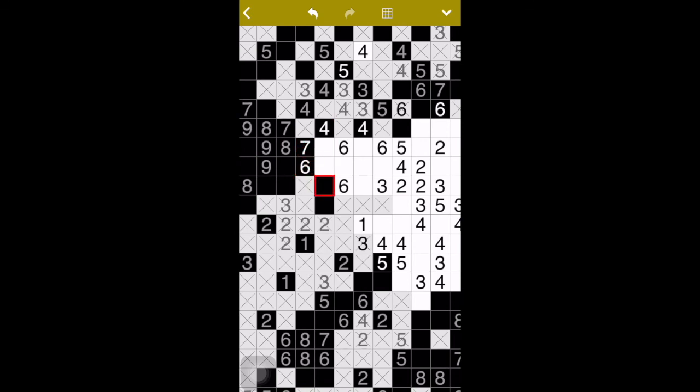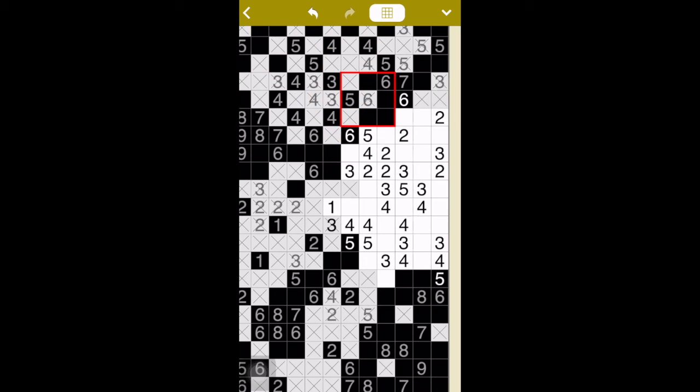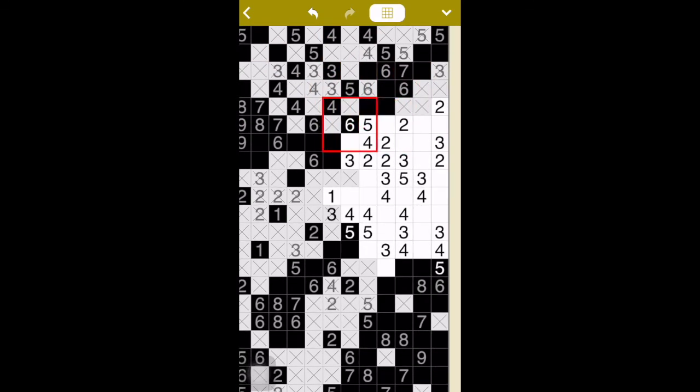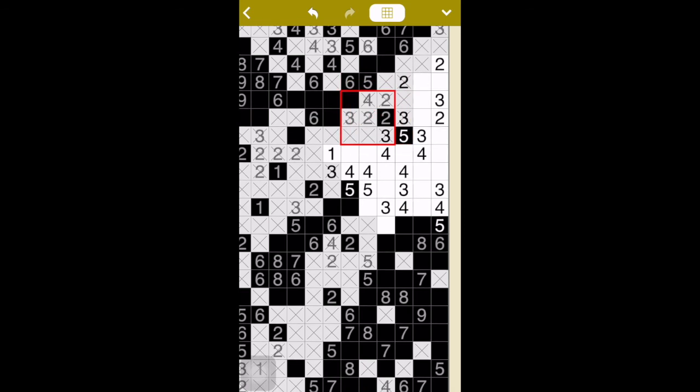Difference of 1. Difference of 1. Difference of 2. 4 and 2. 3 and 2. 5 and 3 going this way, right?